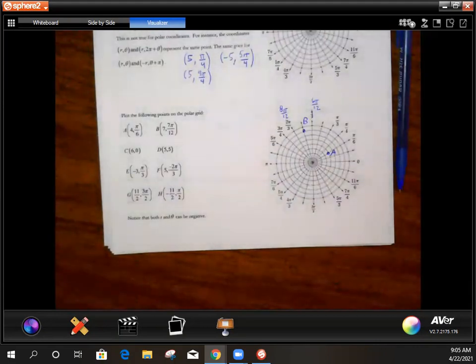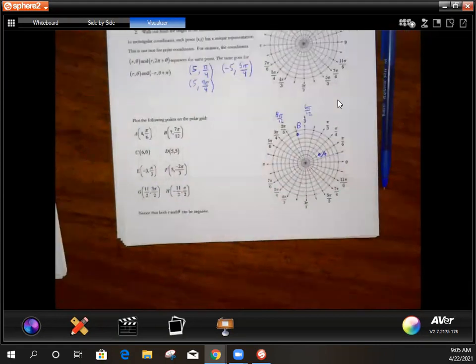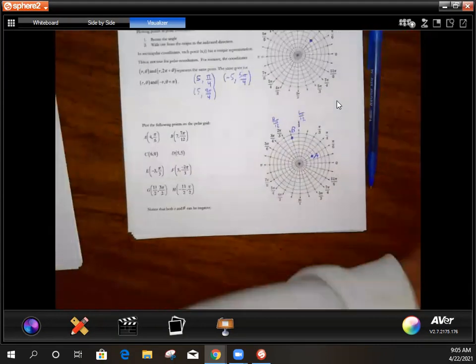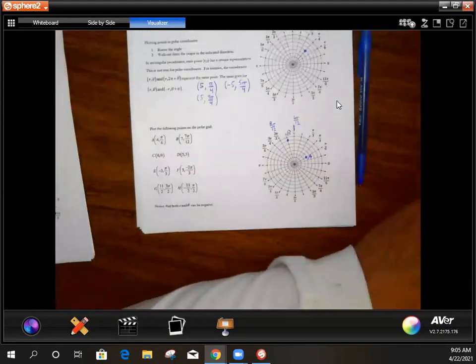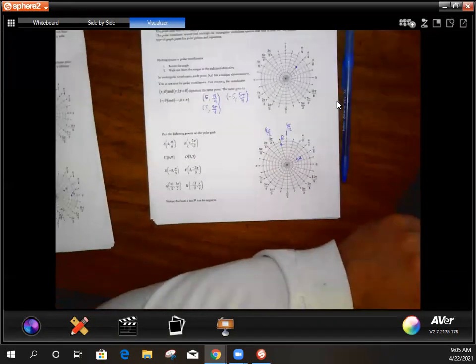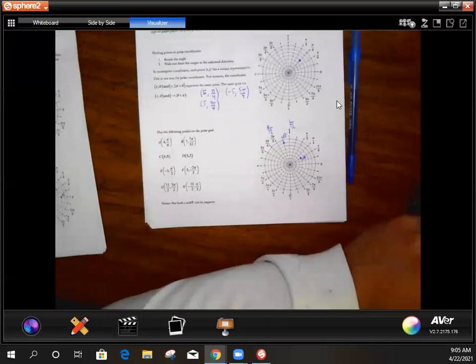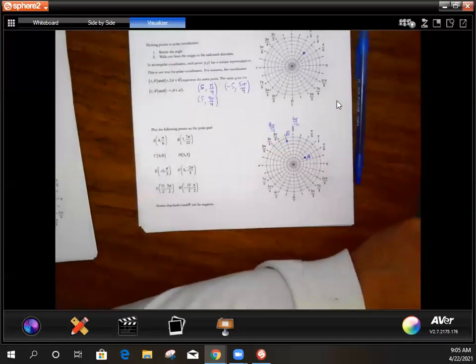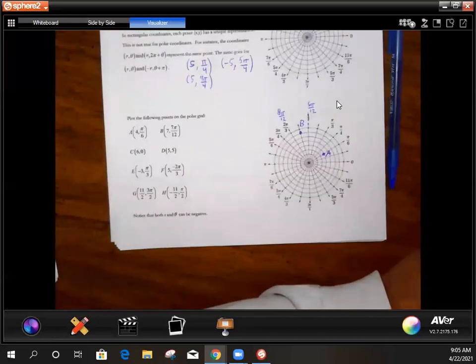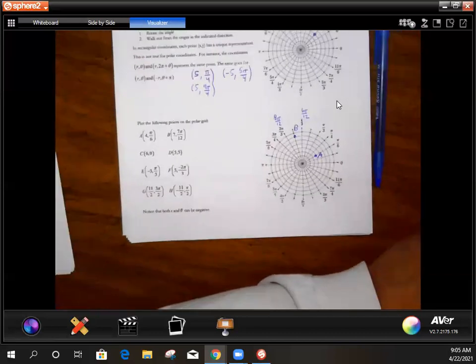Probably can't even read that. Don't want to zoom in. Maybe if I try to zoom out, it'll zoom in. Oh, now it's just zooming out. Let's go.